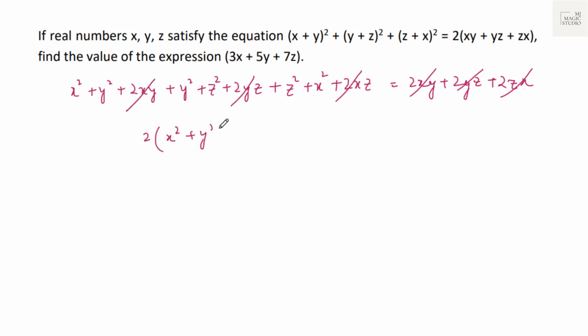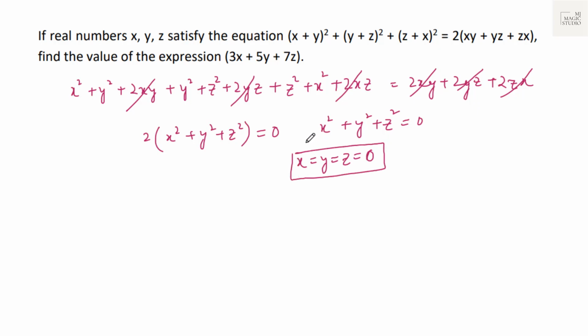2 into (x square plus y square plus z square) is 0, or x square plus y square plus z square is 0. Sum of squares of real numbers is 0 only when all these values are individually 0. Or else for any other value, square terms added up will never give the value 0.